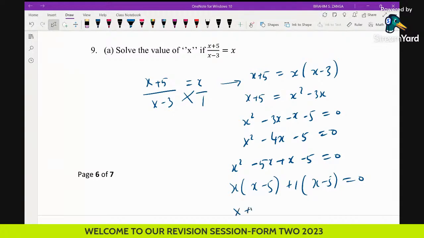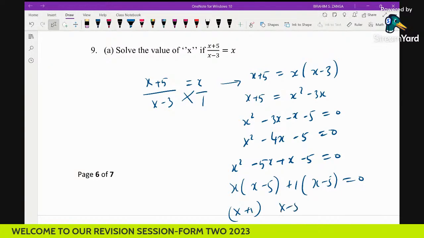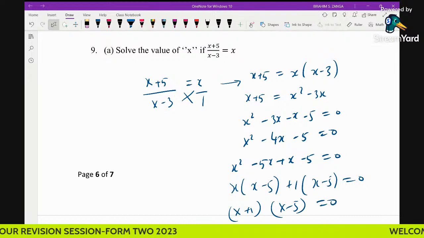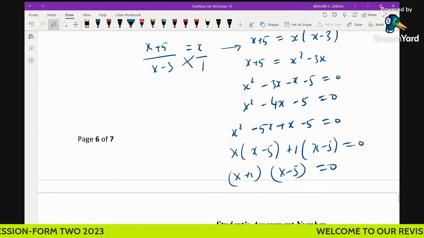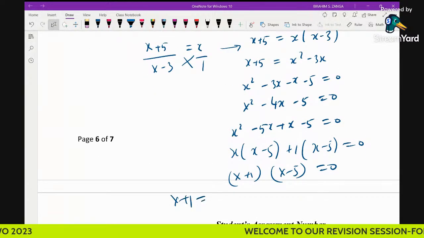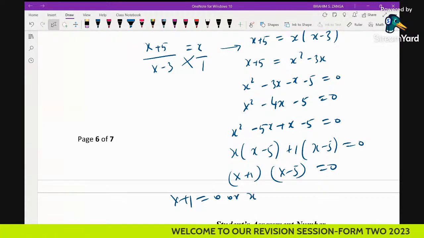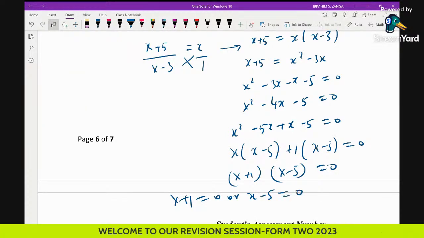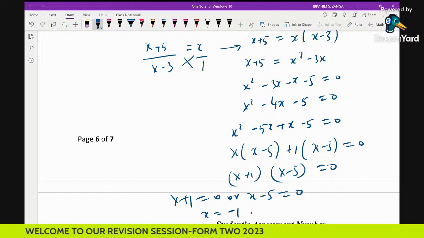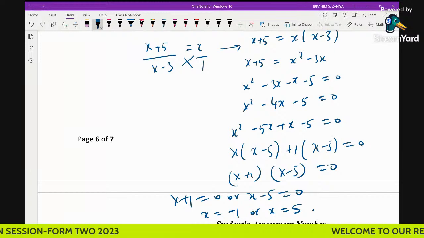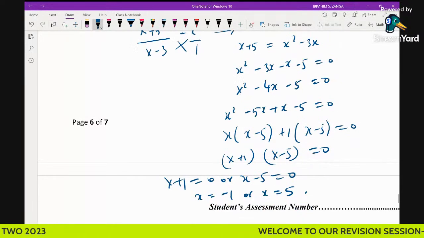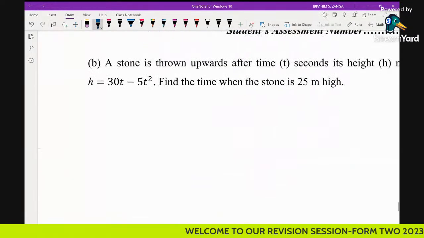So x plus 1 times x minus 5 equals 0. From here you can see that x plus 1 equals 0, or x minus 5 equals 0, meaning x is negative 1 or x is 5, dear students. So that is the solution for question number 9.